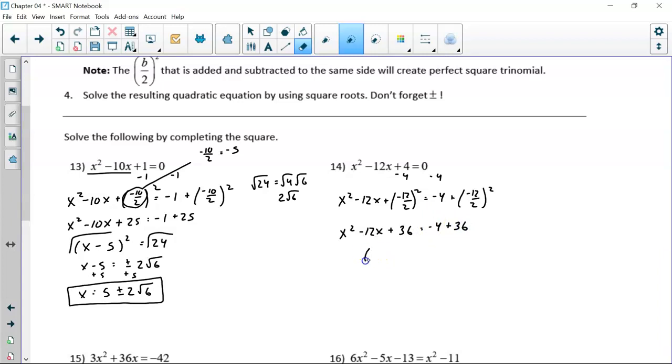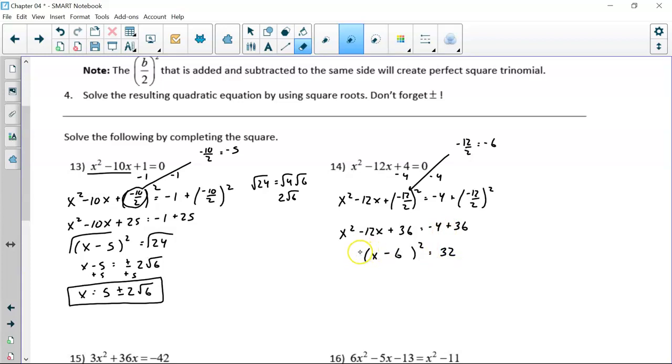So on the left-hand side, we get x and a binomial squared. And you can see what it's going to be, because negative 12 divided by 2 is negative 6. So it's going to be x minus 6 squared. And negative 4 plus 36 is positive 32.